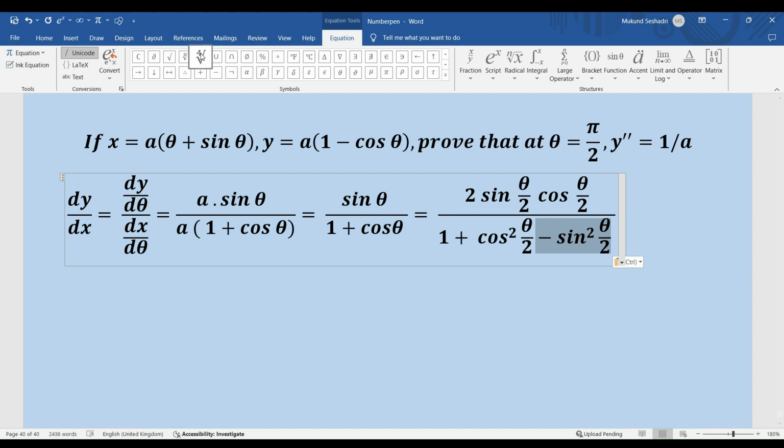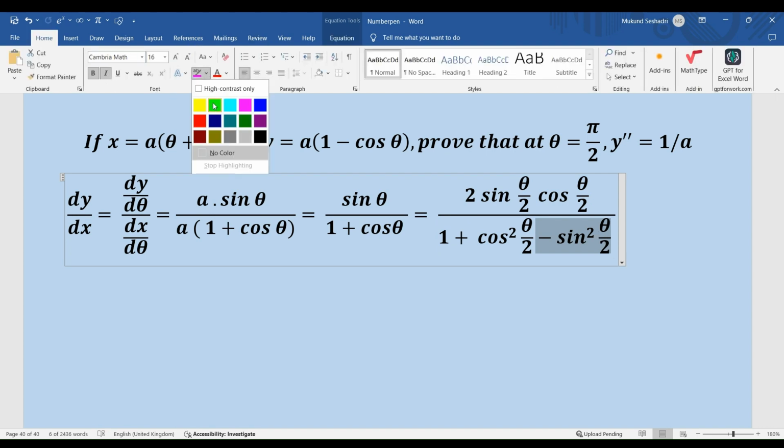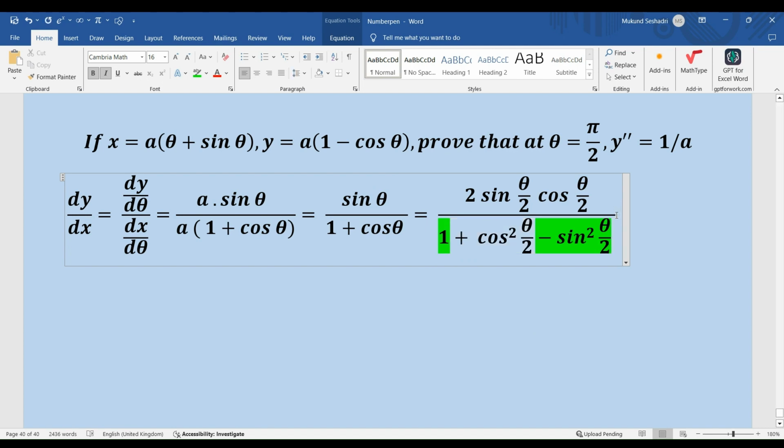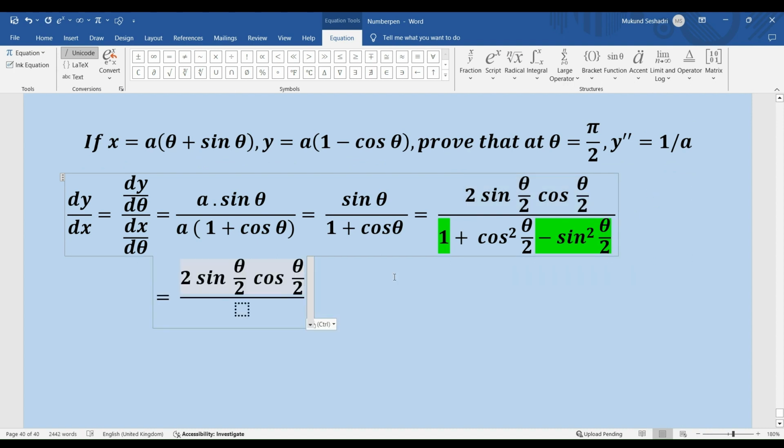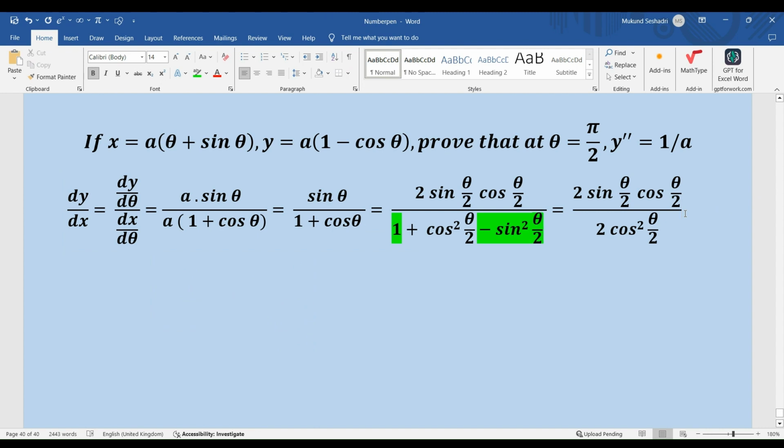Let me highlight them in, say, green. So the expression in green is 1 minus sine square theta by 2, which I can combine with cos square theta by 2, and then write this out as 2 sine theta by 2 cos theta by 2, the whole divided by 2 times cos square theta by 2, right? So this is what we have.